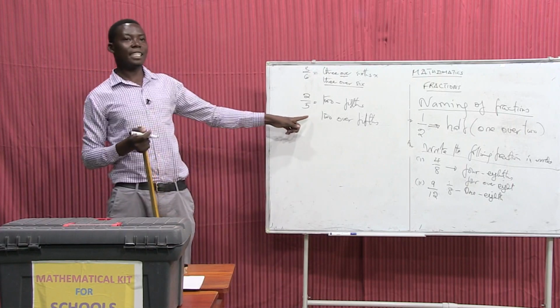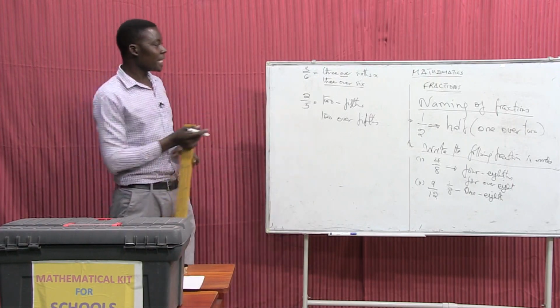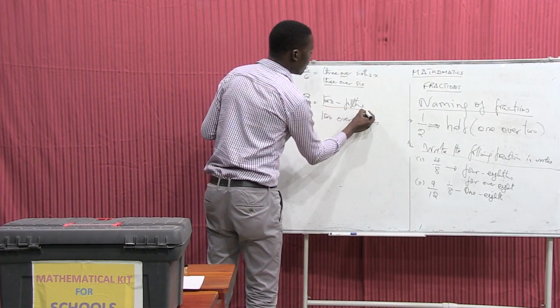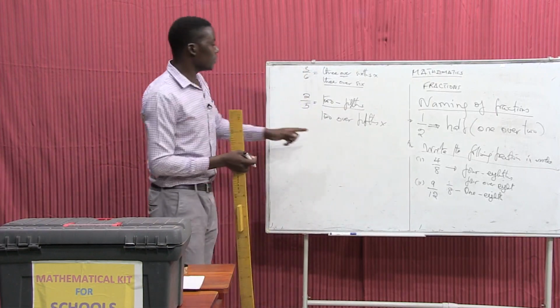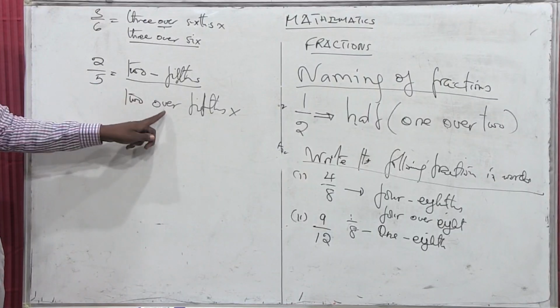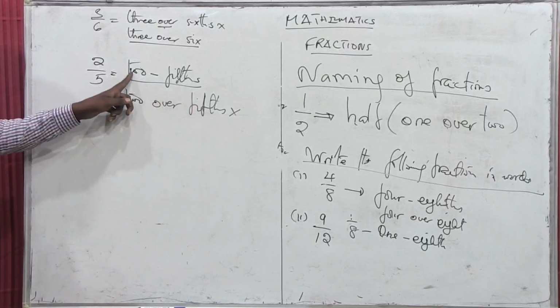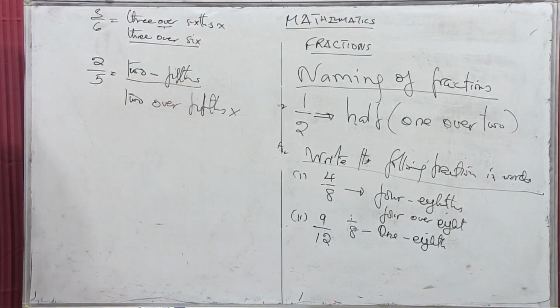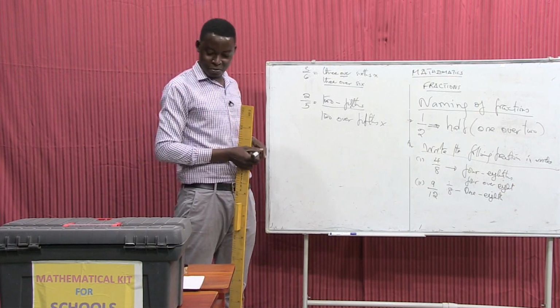Which is correct? The one which is correct is this one, 2 fiftieths, and not this one. But if you say 2 over, say 2 over 50. Are we together? Now, thank you very much.